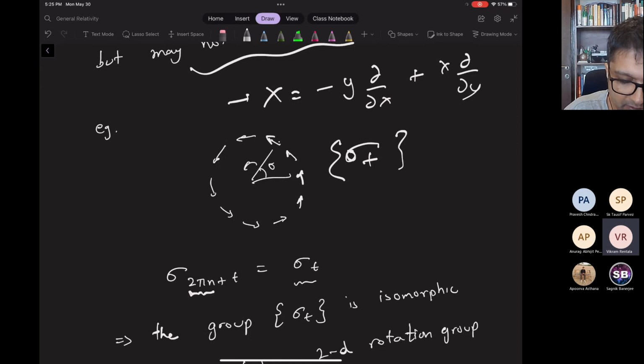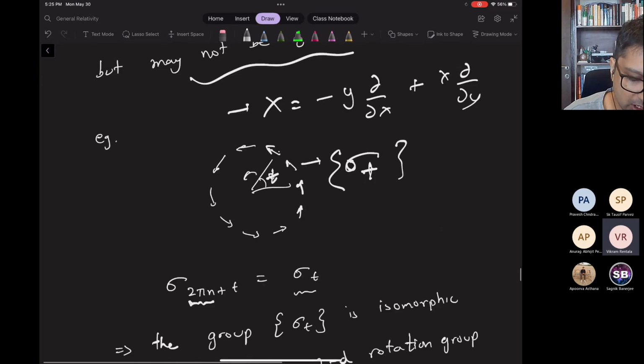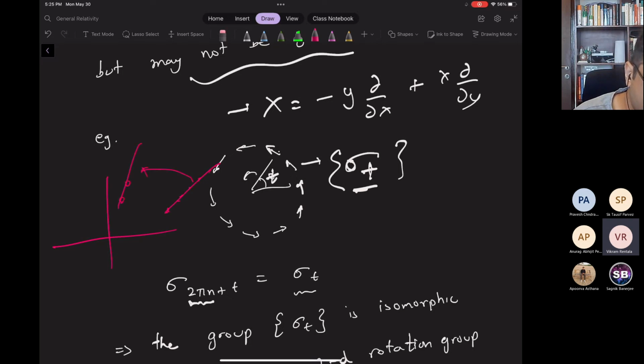So given a vector field x, we got a unique set of flows. The parameter t just tells me the angle that I've flowed. For every choice of angle, I get a unique group element. What does this do? It takes points on R2, for example these points on this line, and rotates them by an angle theta, by an angle t.